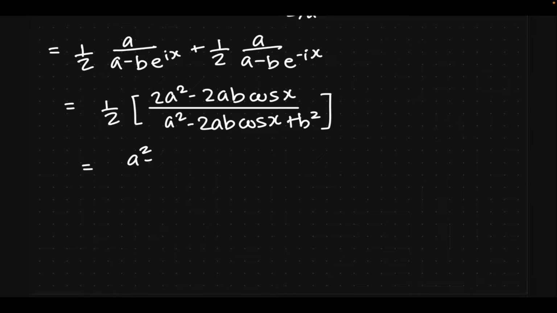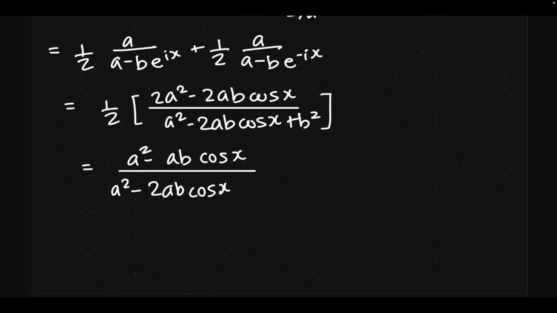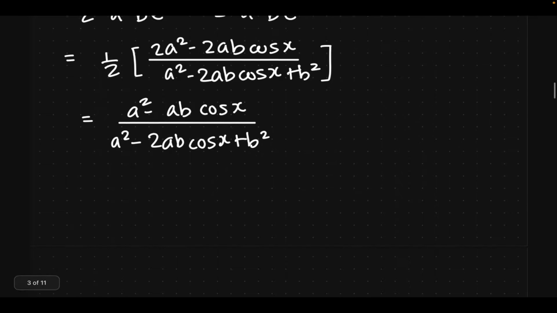So a squared minus ab cos x divided by a squared minus 2ab cosine of x plus b squared.